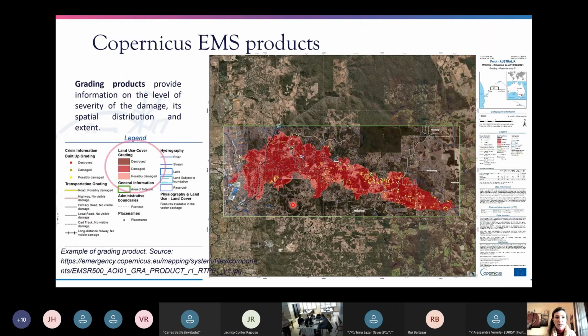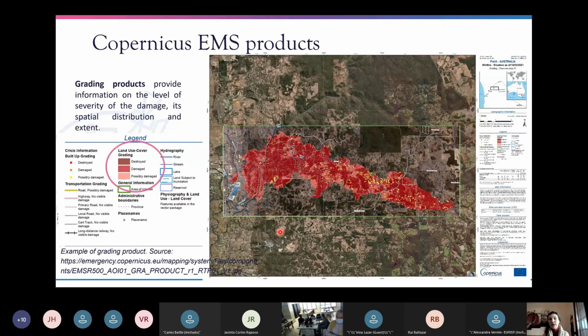The opposite is what is done by the grading product, in which the level of damage should be estimated. And actually this is quite challenging with respect to map production, because it's not always easy to say what the level of damage is. In this case, it's probably the information coming from the spectral response of the vegetation.